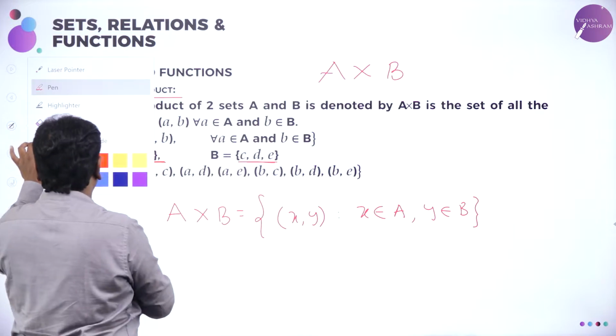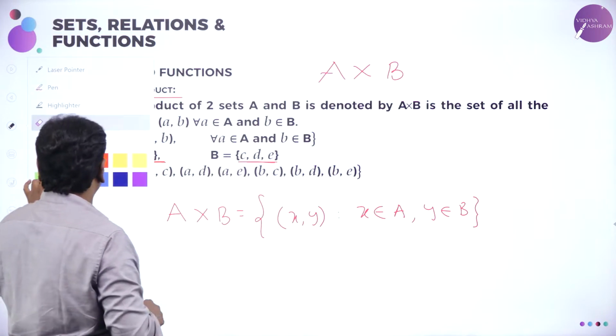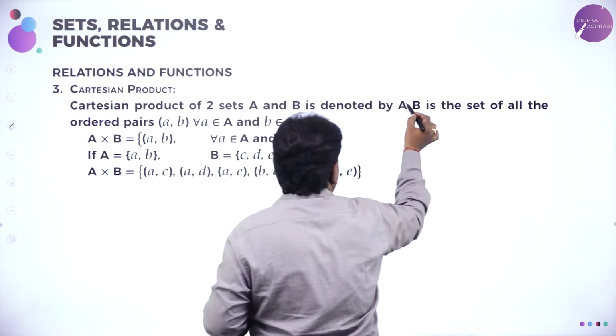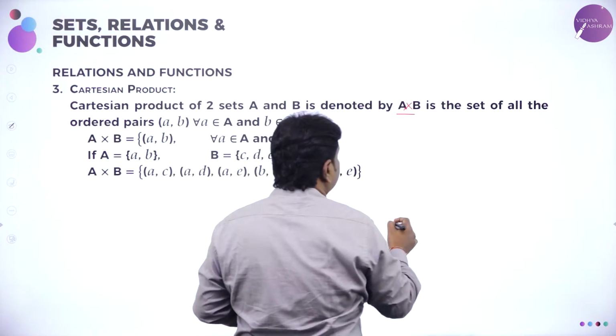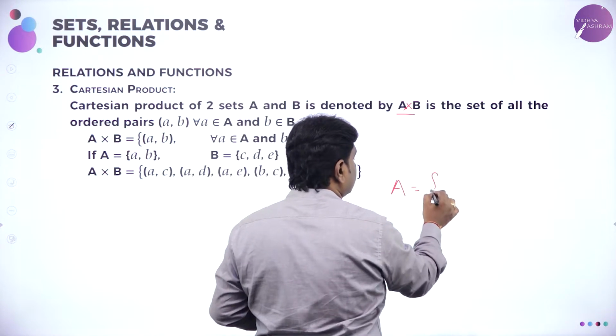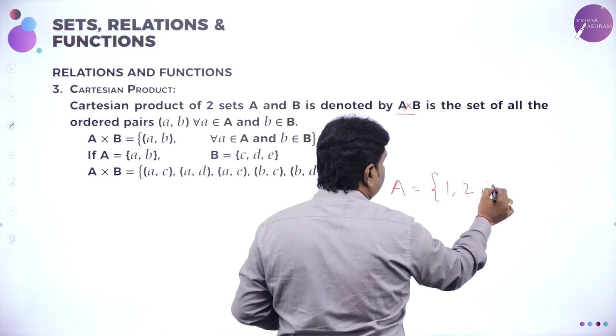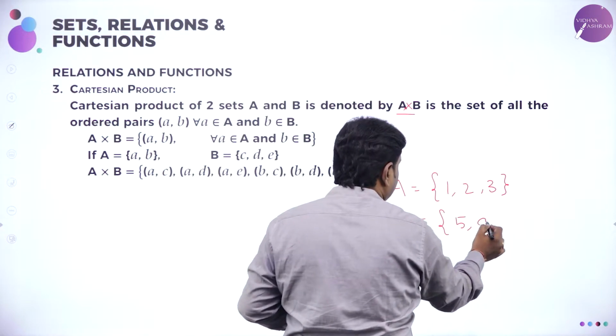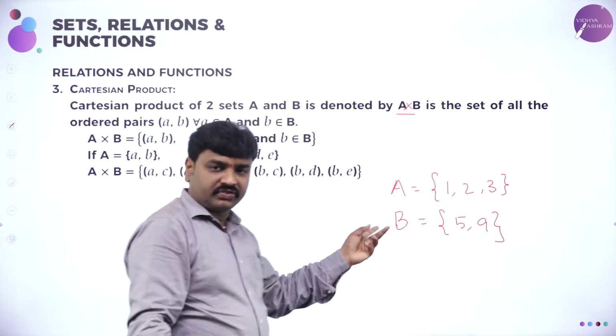I'll take one more example. Let us consider one more example to solve this. Let me consider A cross B as the notation, and let A be the small set {1, 2, 3}, and set B is {5, 9}, or any elements. So I've taken two different sets.